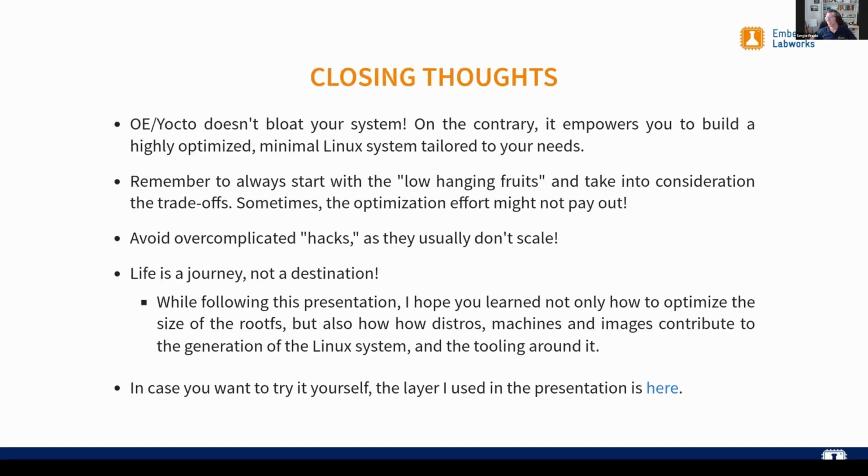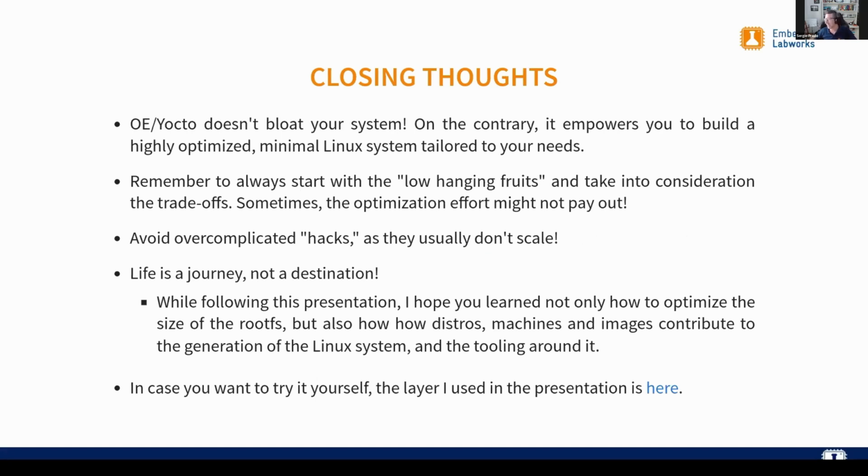Closing thoughts. The main objective here was to show you that life's a journey, not a destination. So although our destination was to improve the size of the root file system, I wanted to explain some concepts, right, about packages and the tooling around it. Some general tips: always start with the low hanging fruits when you talk about optimization.